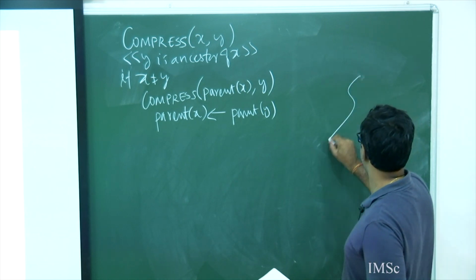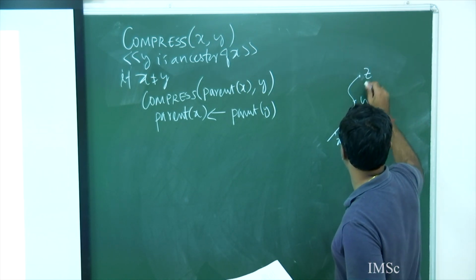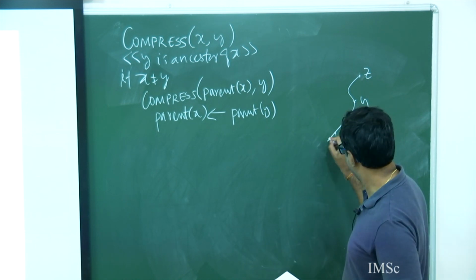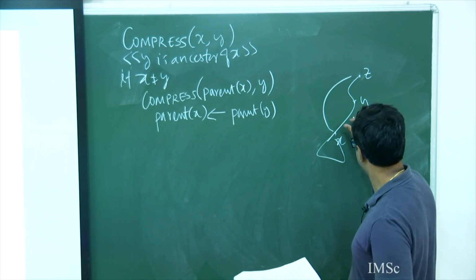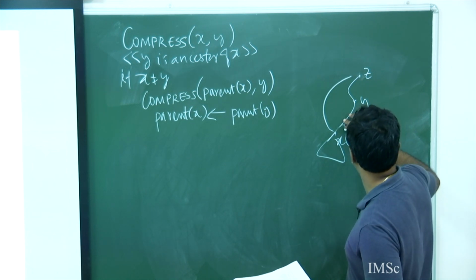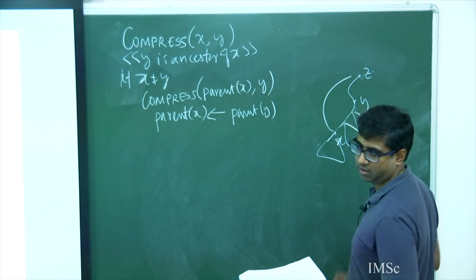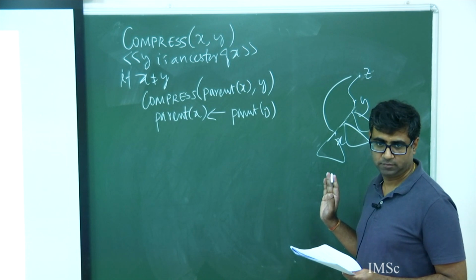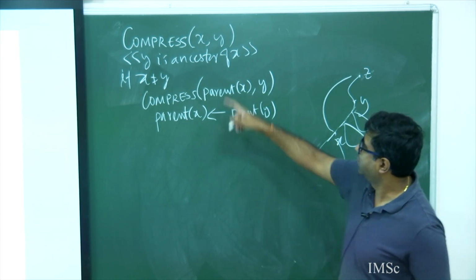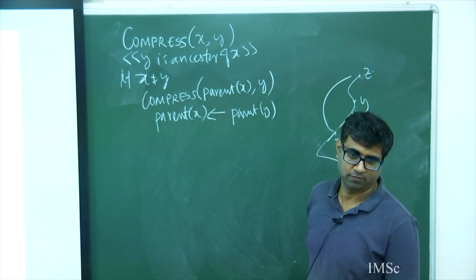Think of it this way: here is y, here is x, and suppose y's parent is z. I take this subtree and make it directly adjacent to z. Take this subtree, make it directly adjacent to z. Take this subtree, make it directly adjacent to z. This is what I do. Now that I know y, it's much easier: the parent of x becomes the parent of y.